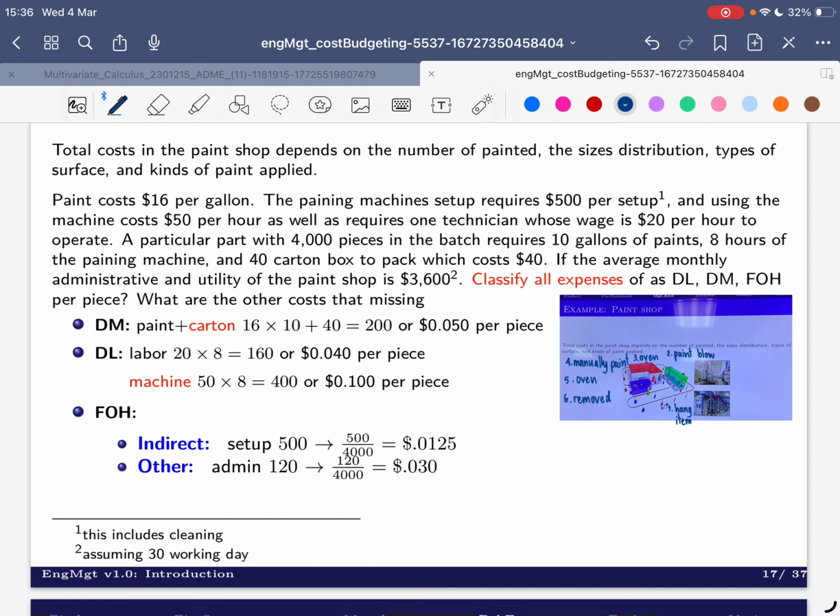In a real practical factory situation, we're not going to track how many cartons you use for this work. But in this case, the thing that you see in red is usually factory overhead, but for this example, I decided to make it direct material.